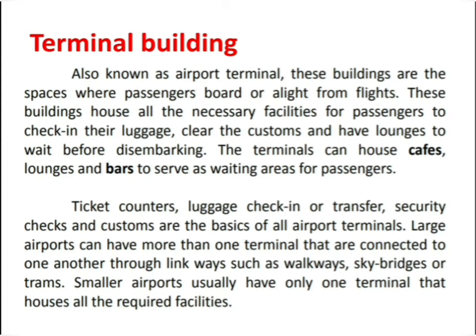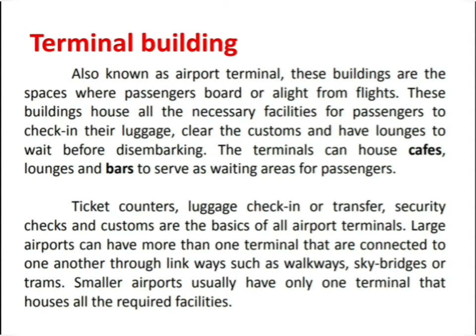These are all the basic functions, services, or facilities provided at the terminal building. Large airports can have more than one terminal, connected to one another through walkways, bridges, or trams. Smaller airports usually have only one terminal that houses all the required facilities.